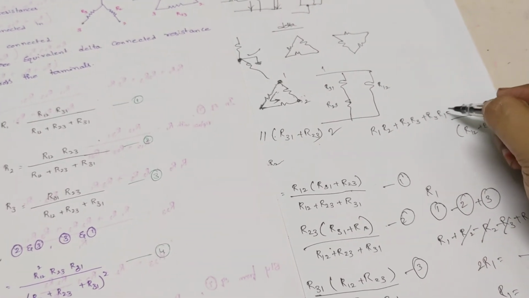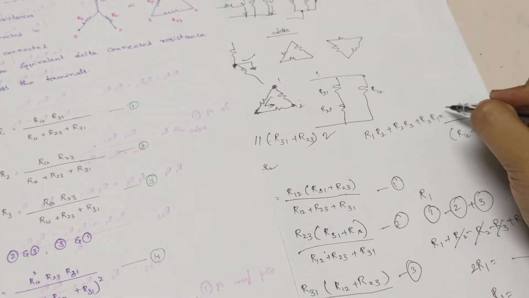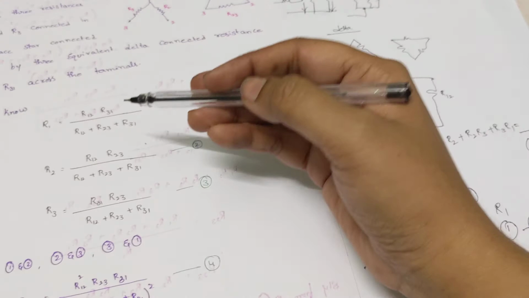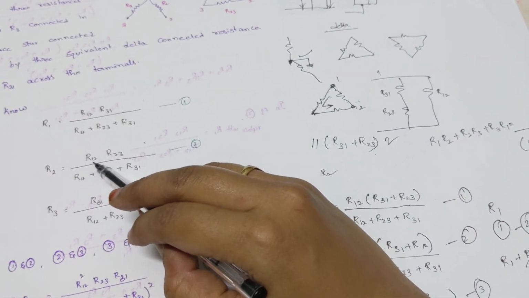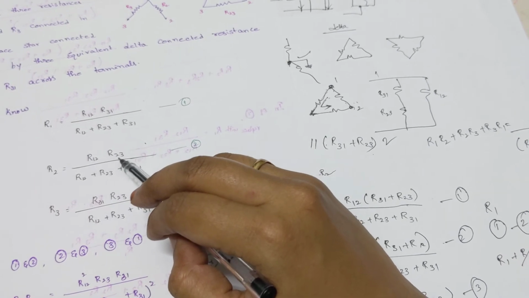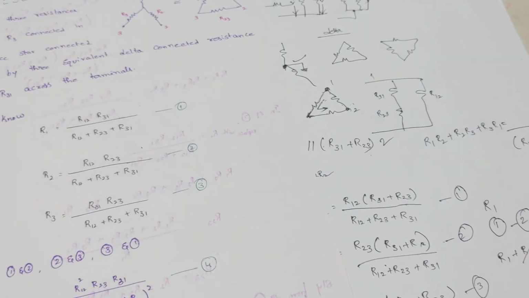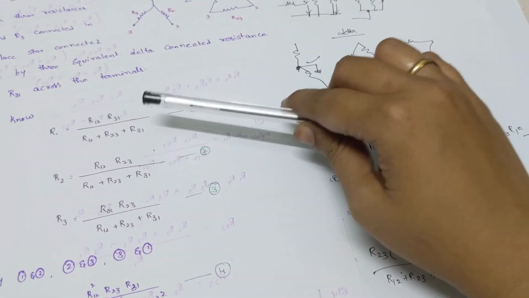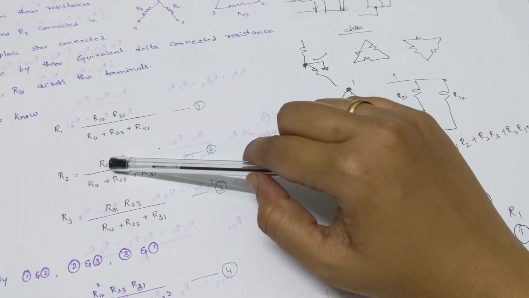And here, each and every term will be repeated, because here 1 2 is there, 3 1 is there; here 1 2 is there, 2 3 is there, 3 1, 2 3. So every term will have one square value, because I am multiplying 1 and 2; in 1 and 2 I have R12 and R12, so it will be the square.